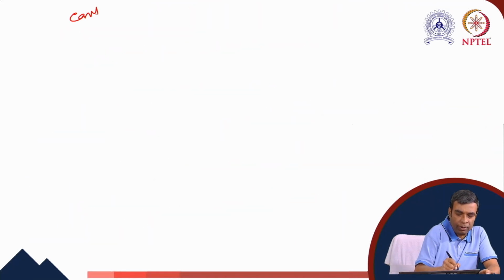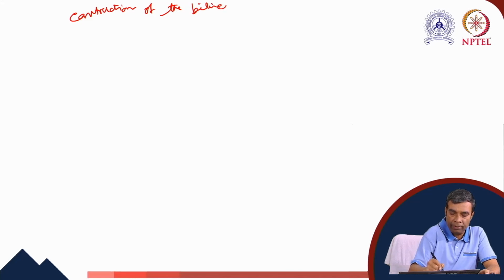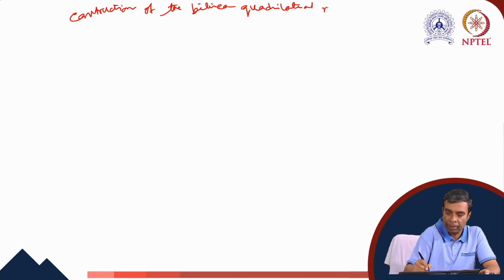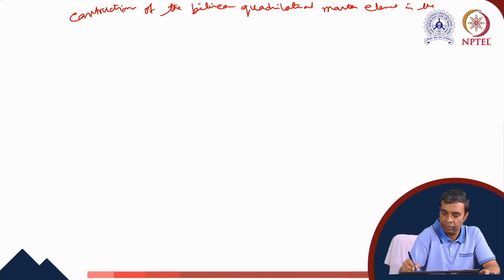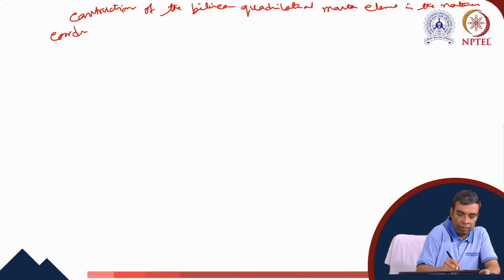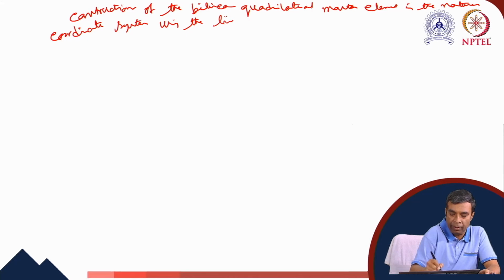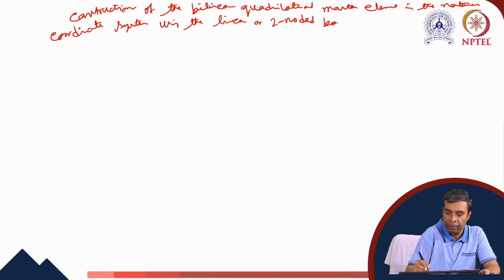So construction of the bilinear quadrilateral master element in the natural coordinate system using the linear or two-noded bar elements.